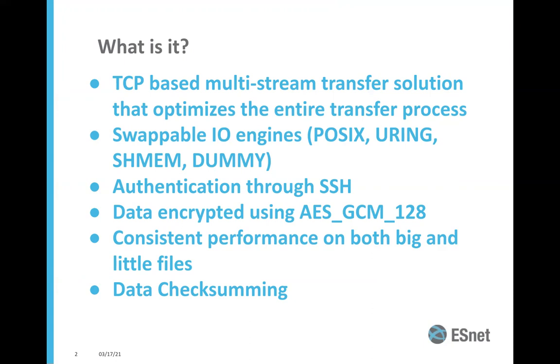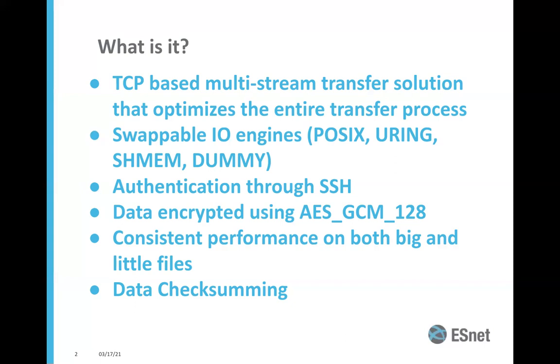So one of those things is a set of IO engines, and you can pick the IO engine that you want to use. Right now, POSIX is probably the standard that everybody will use, especially if you're using a RAID-like array, but it does also support URing. URing is an up-and-coming format for zero-copy parallel IO to SSDs.